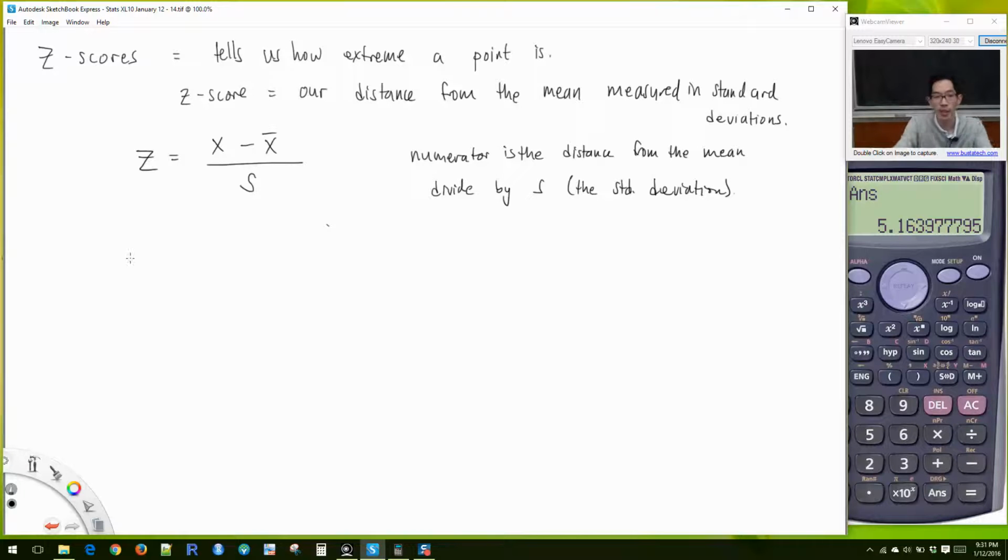Okay? And this goes hand in hand with what we call the empirical rule, which states that about 2/3 or about 68% of the data will be within 1 standard deviation of the mean.